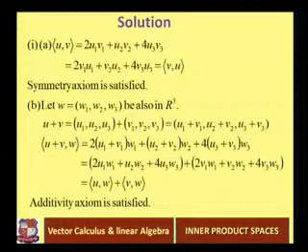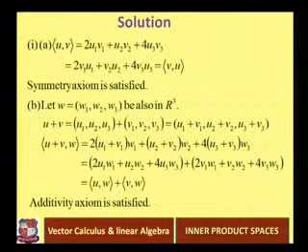In this step, again I repeat, we interchange the order of the u and v elements, which is nothing but the inner product of v comma u. So we get inner product of u, v equal to inner product of v, u. So the symmetry property is satisfied for the given function.